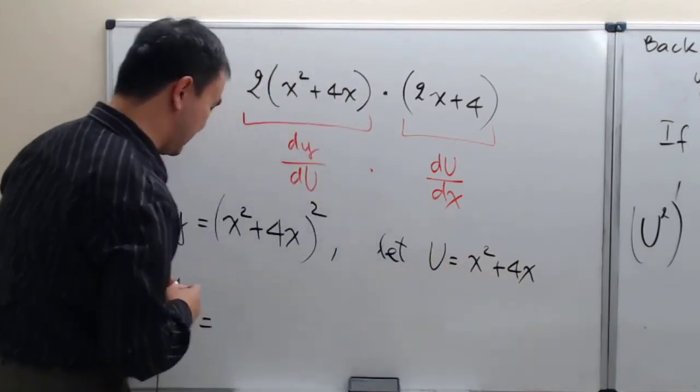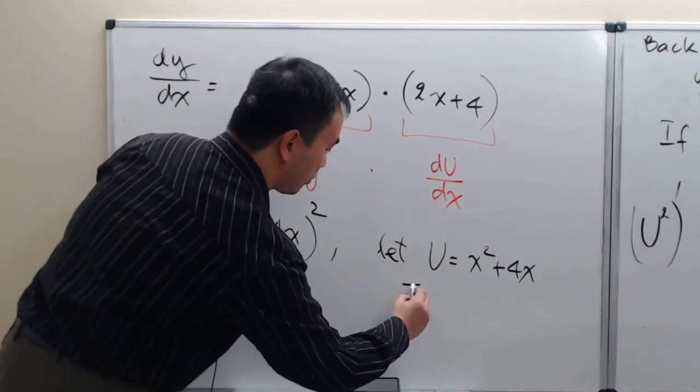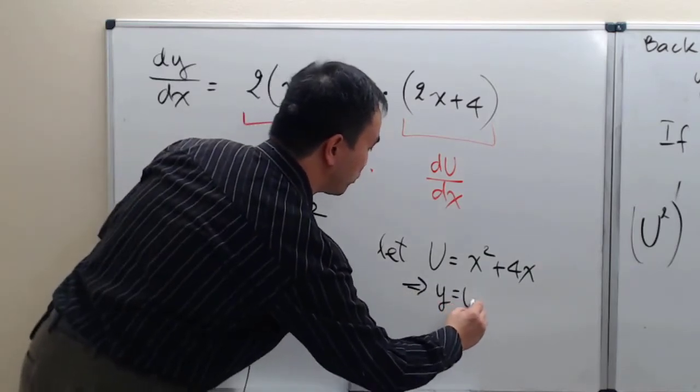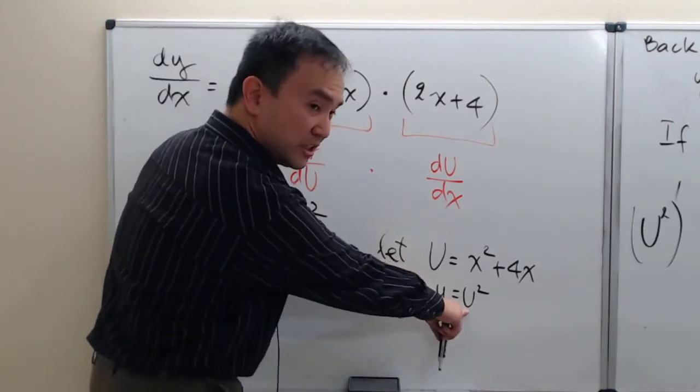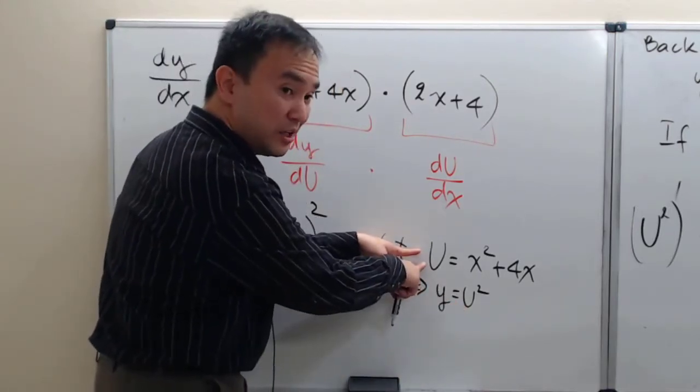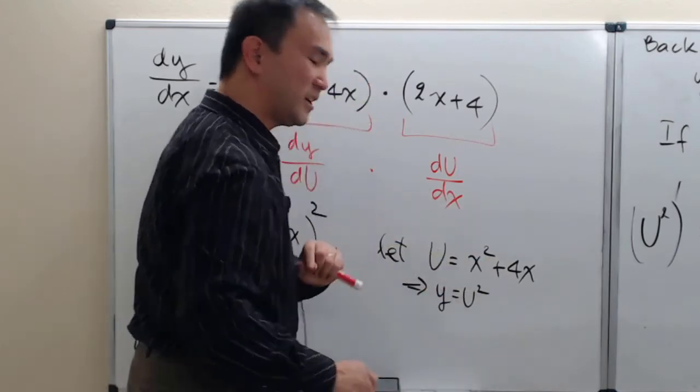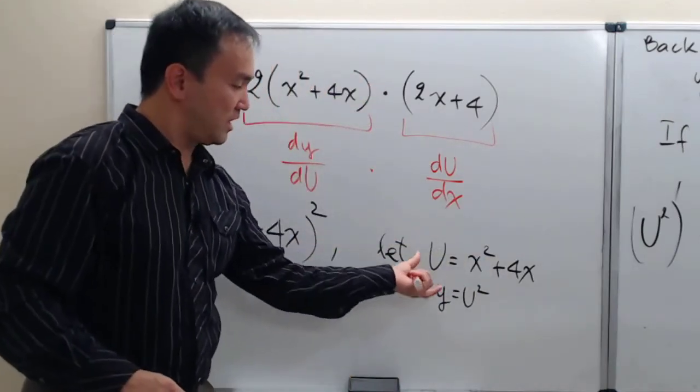And so with that, our equation quickly became y equals u squared. So y equals u squared, but in the meanwhile, the u inside was u equals x squared plus 4x. And so there's the outside, there's the inside.